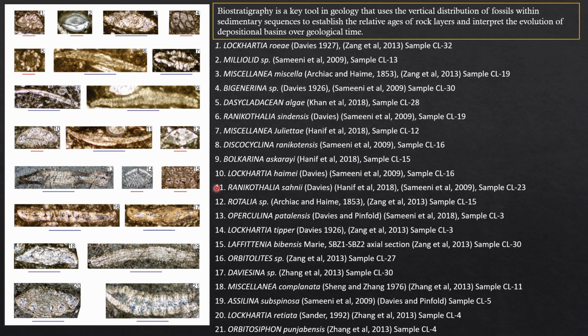So we found these three to four species, and due to this Lockhartia species the Lockhart limestone is named. So different species present in our thin section give the absolute age of 66 million, 56 to 46 million years, Tethyan age, to the Lockhart limestone.